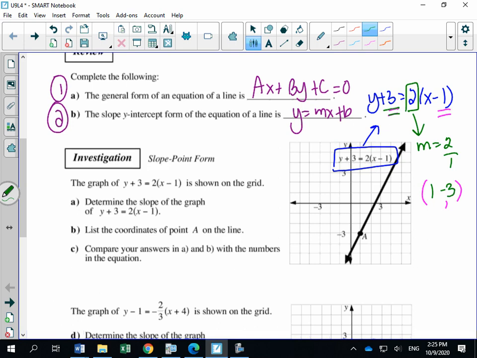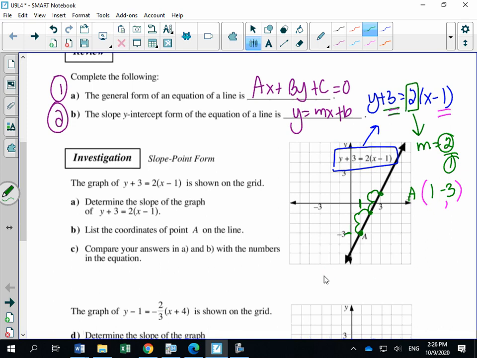So the point on our line is actually going to be at 1, -3. So if you find that point, 1, -3, there's the point of our line. And then once we have that point, which they've called A, we simply follow the slope. And the slope was rise 2 and run 1. So rise 2, run 1, we get back on our line.